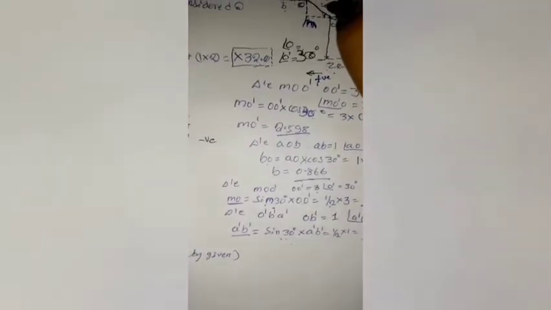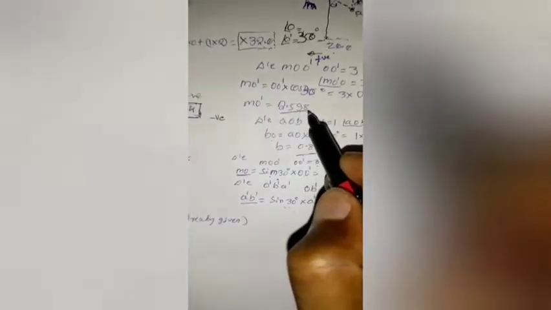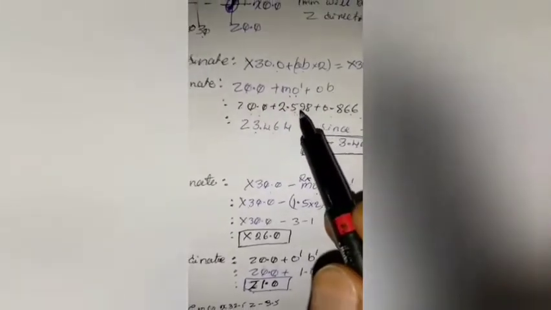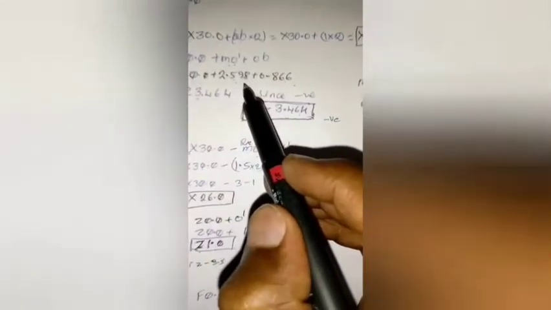This is a right angle triangle. So in order to find this adjacent value, I'll multiply hypotenuse by cos 30. The hypotenuse is 3 mm always. So 3 multiplied by 0.866, MO dash will become 2.598, which is written here.